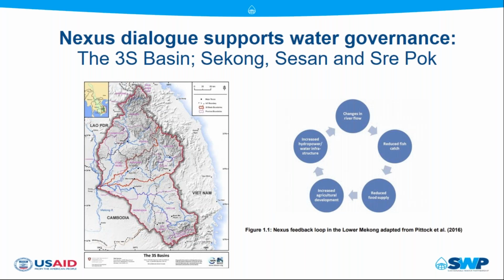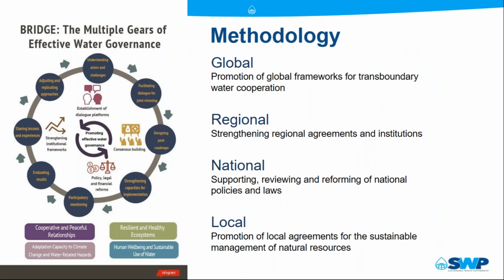I won't talk any more about the basin, but I want to reiterate something that was raised in the earlier slide, was that whilst we look at these four different levels, local, national, regional, global, the fundamental goals here as well around cooperative and peaceful relationships are also about resilient and healthy ecosystems, because people don't want to cooperate on degraded basins because there's nothing that they can harness and maximize there.